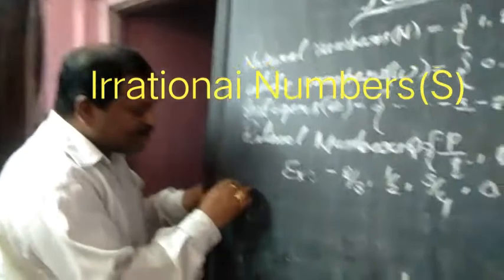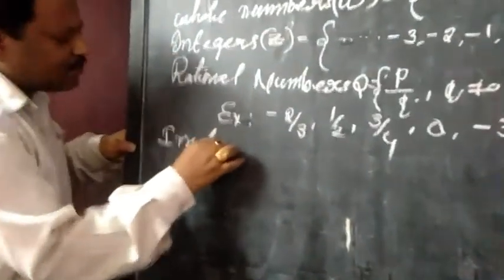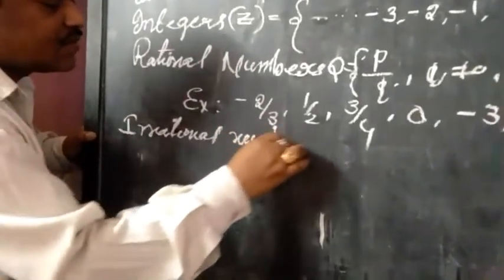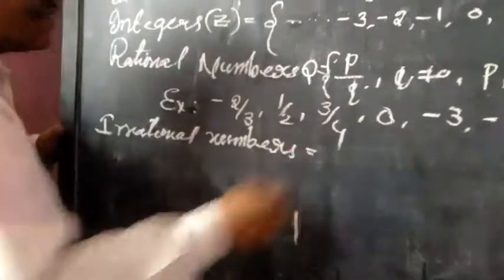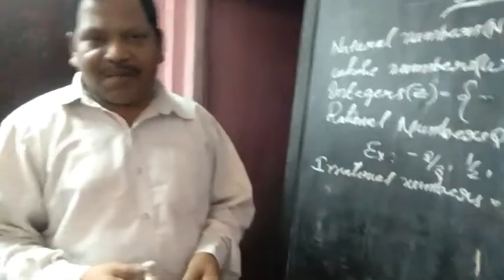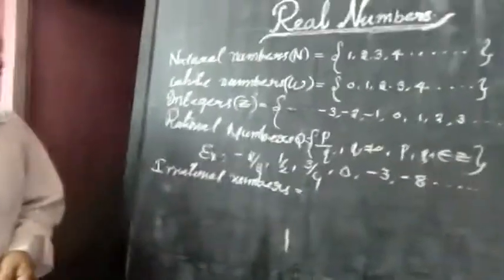Next, irrational numbers. A number which cannot be expressed in the form of p by q, where q not equal to 0 and p and q are integers, is called an irrational number.